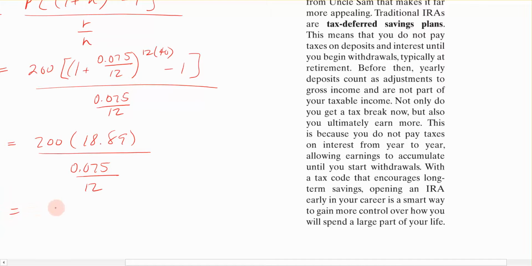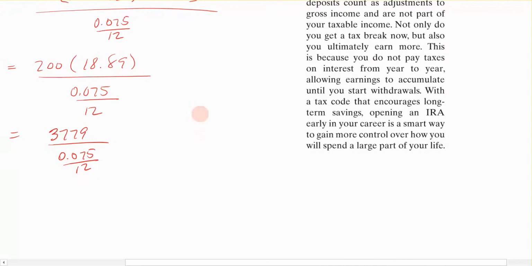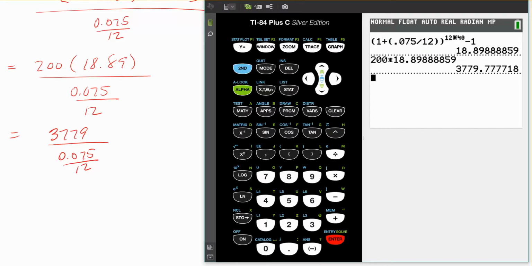That's what I'm going to divide by 0.075 divided by 12.